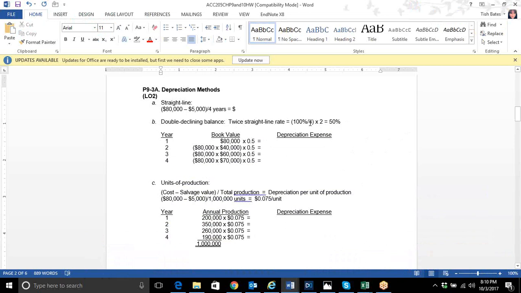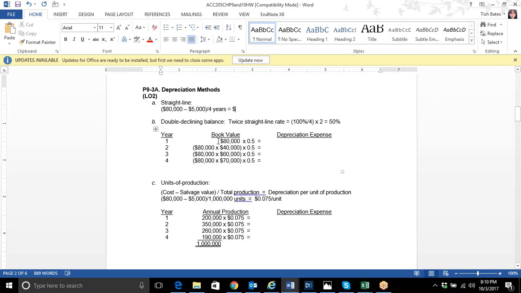So 100% divided by 4, 4 years of useful life, and then you're multiplying it by 2. So each year, you can see here, you schedule out each year 1, 2, 3, and 4. And then you take the book value, which is $80,000, times the, yes, it will always be 100%. Good question. Yep.